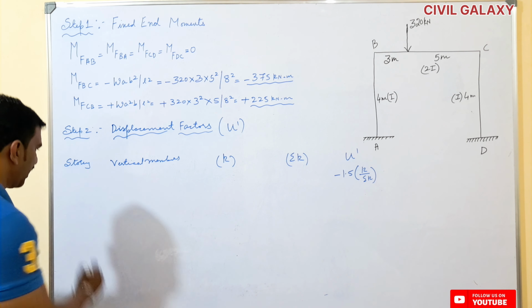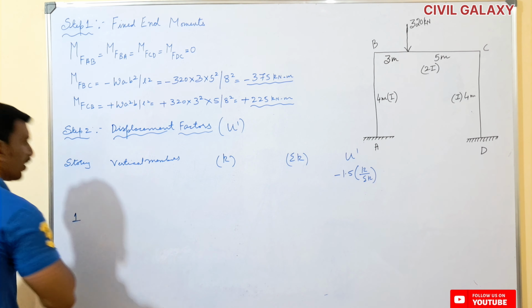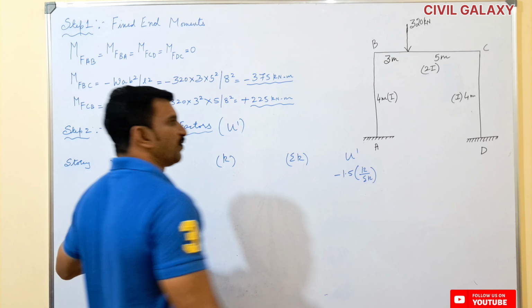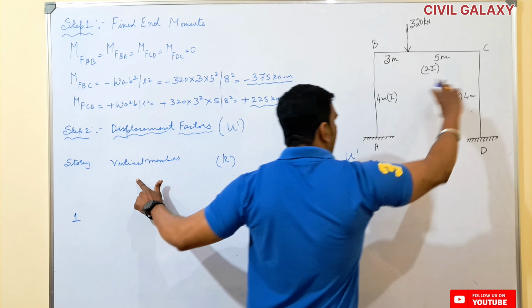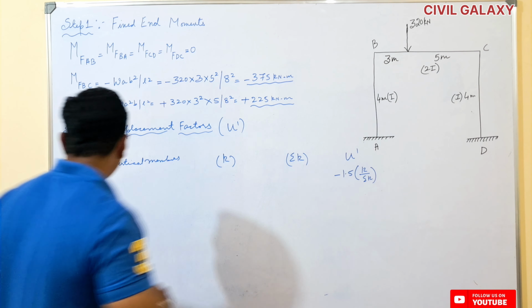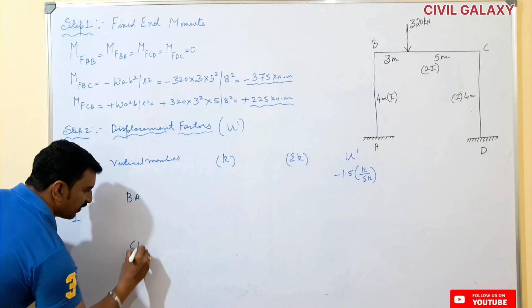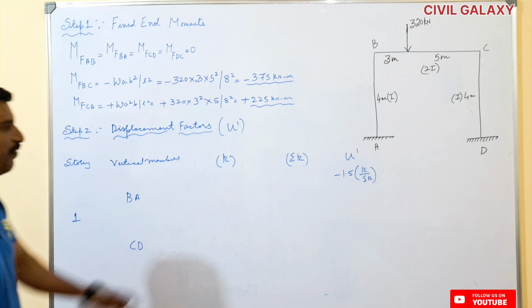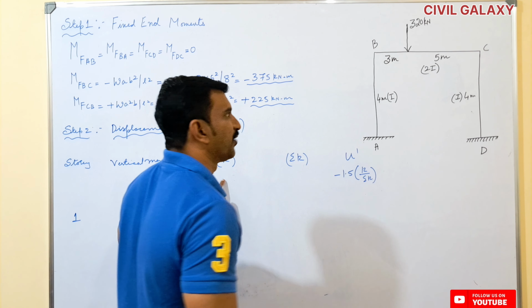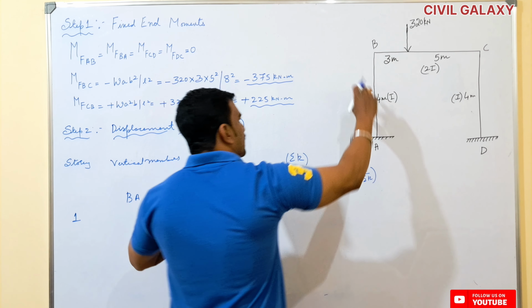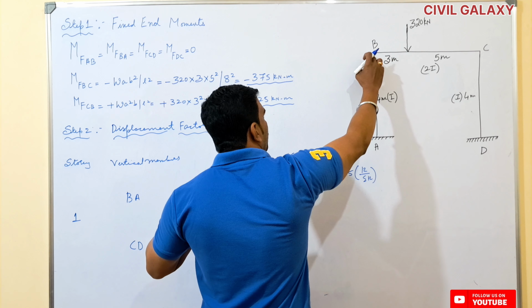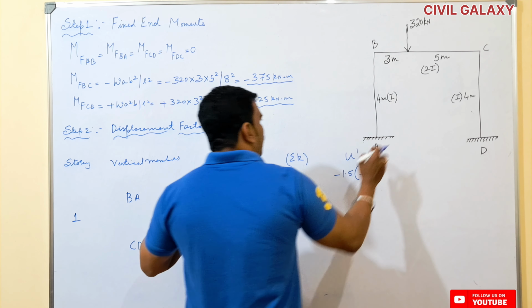So we know we have one story, and if we consider the vertical members, we have two vertical members, BA as well as CD. Now to calculate the relative stiffness for BA, the near end is B and A is the far end.